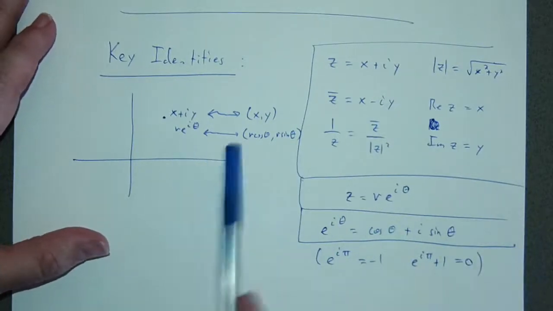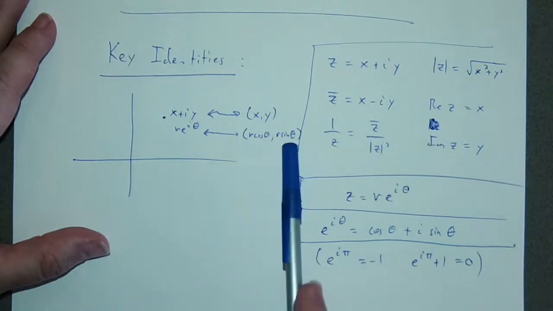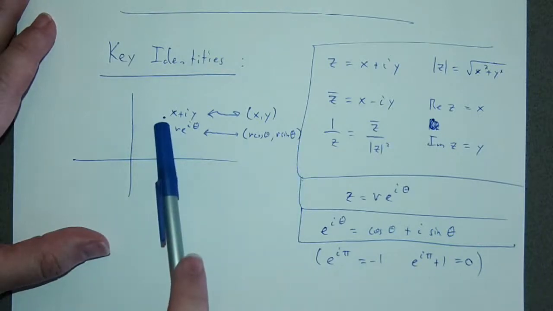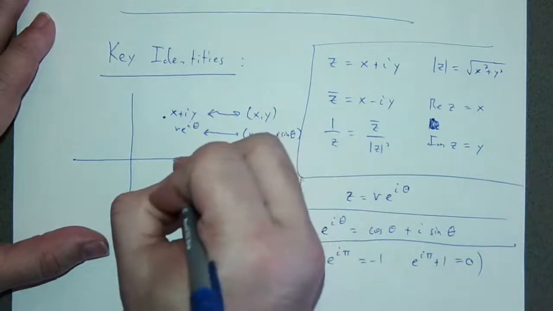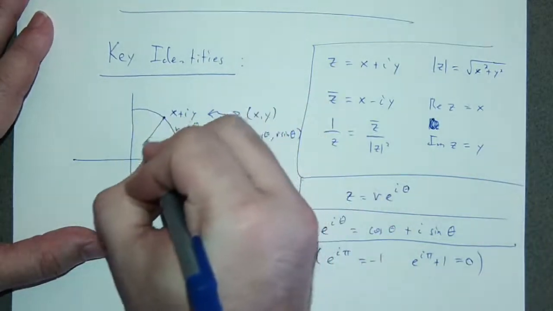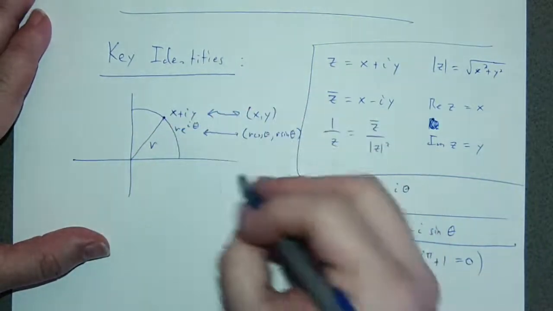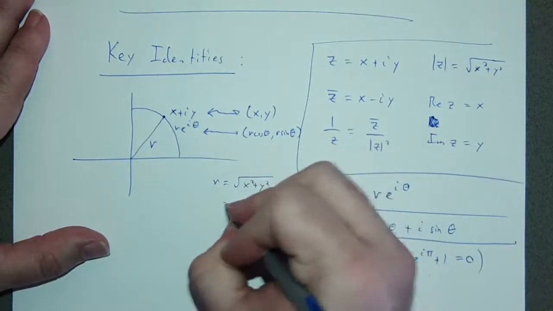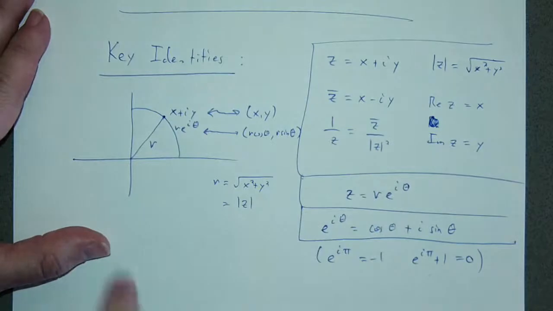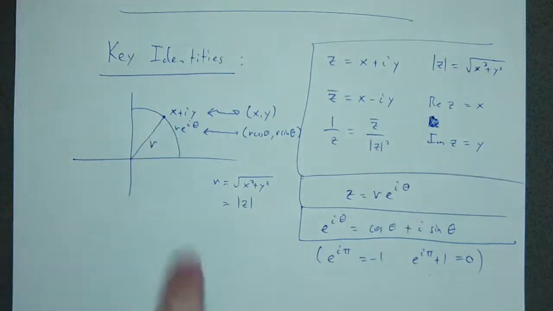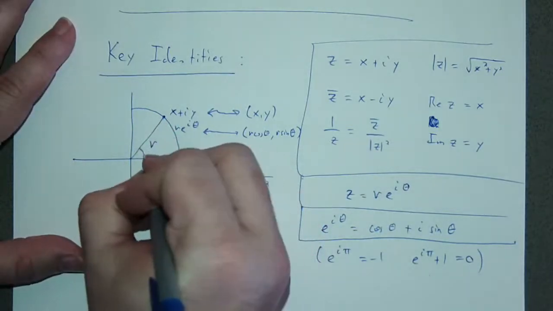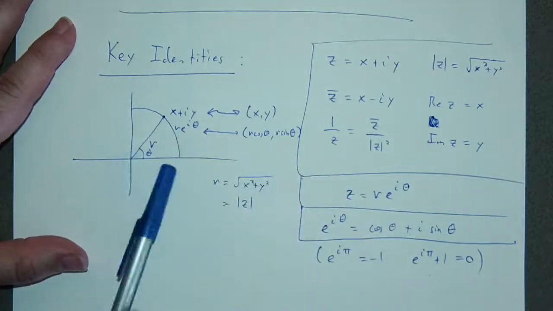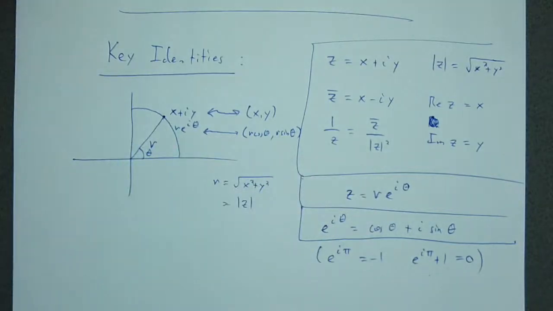That is viewing this point as being on some circle of some radius centered at the origin. There's my radius. Hey, wouldn't you know that r is actually square root of x squared plus y squared? That's the modulus of z, just like I said yesterday. And that theta is this angle measured counterclockwise from the positive x-axis.